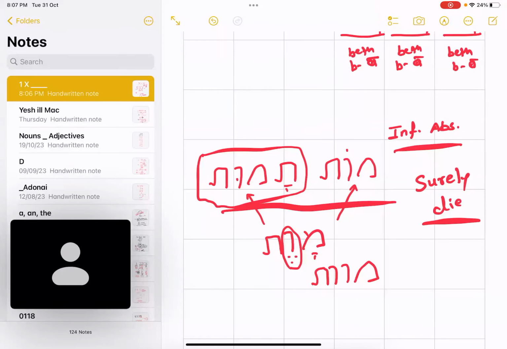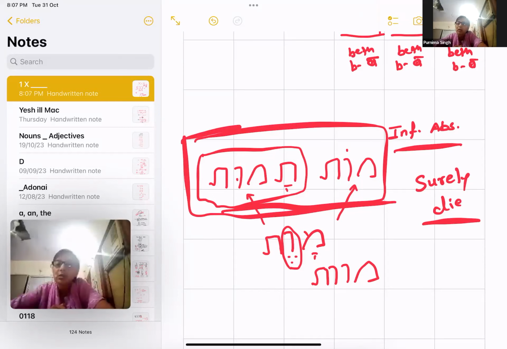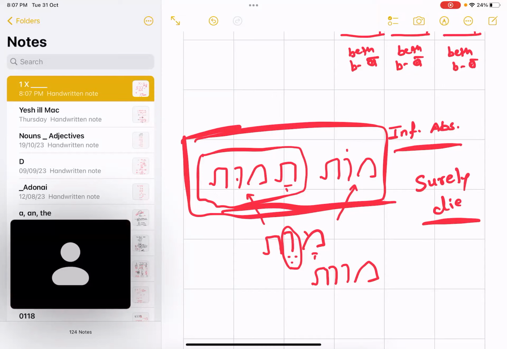Tamut is surely die. When there is an emphasis, this mot, the infinitive absolute, is the force and emphasis given on this finite verb. This tamut is die, but mot tamut means surely die.